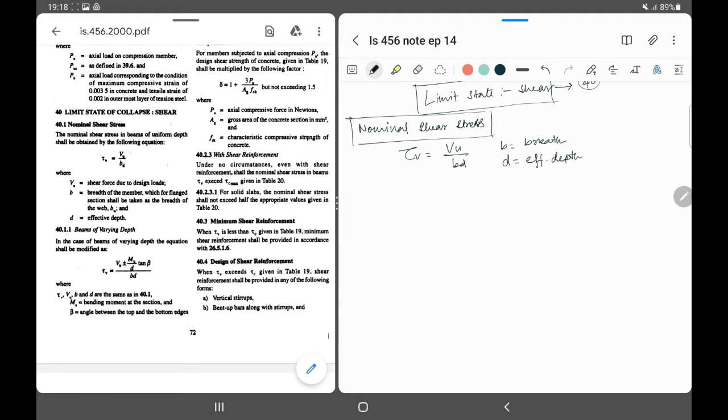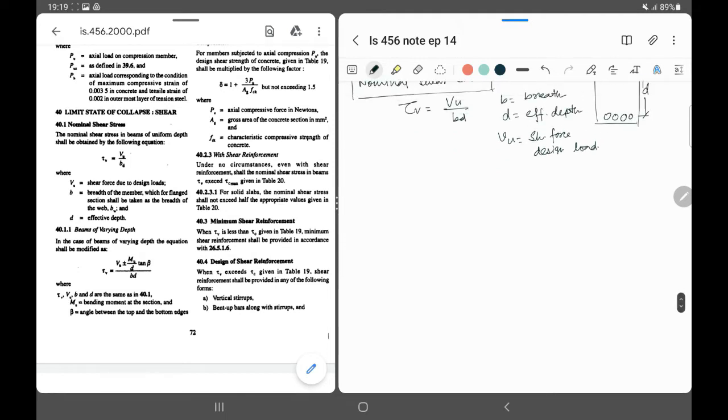That means, suppose this is your cross section, it is b, and here is the reinforcement, so this is your d, the effective depth. Vu means the shear force due to design load. From where do you find this? Suppose this is your beam and the imposed load is acting.